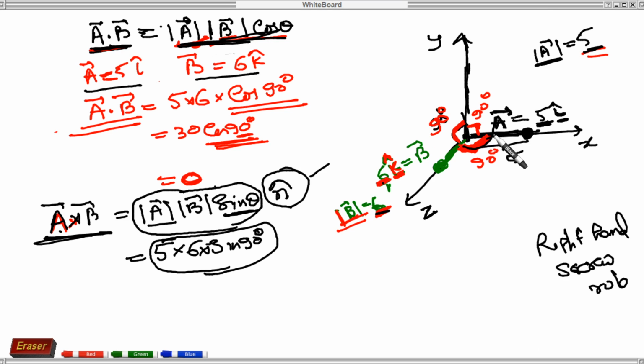It's written here A cross B, so you have to rotate the fingers of your right hand palm from A to B. Your thumb will show the direction of this unit vector.